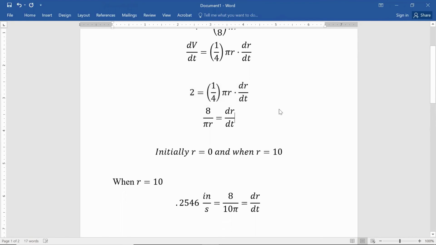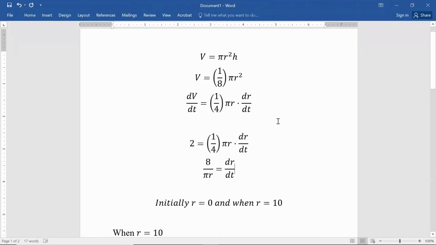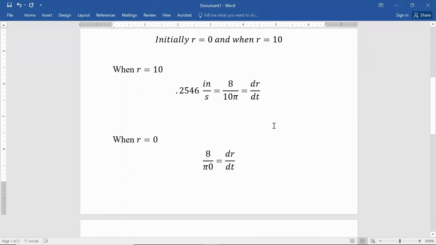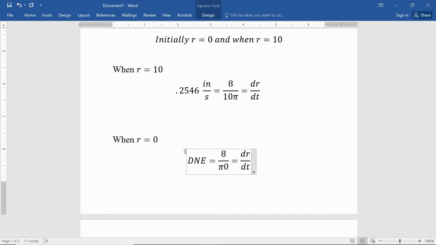All right. Now, we found the change in radius with respect to time in both these cases. We're going to say this one just does not exist. Some people would say infinite. That's okay. So initially, it doesn't exist or it's infinite would be fine.